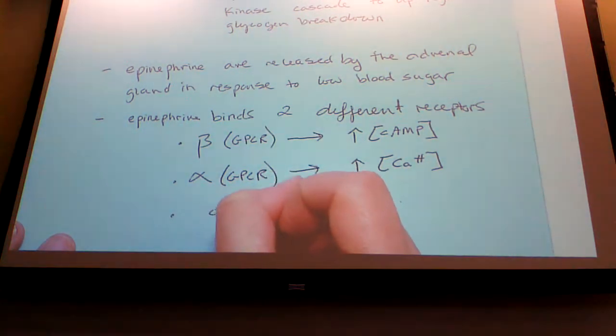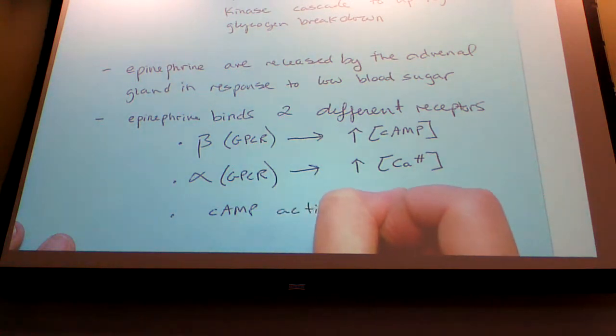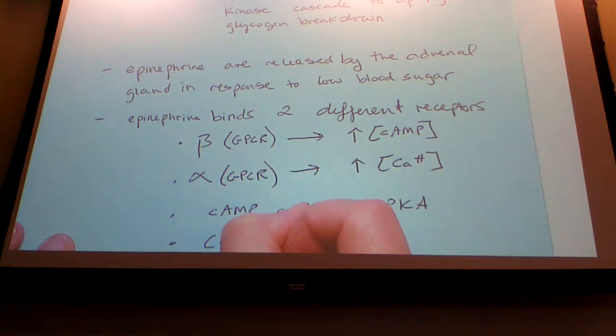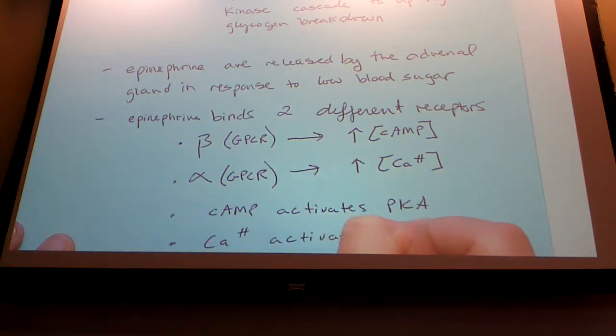So cyclic AMP activates PKA again, and our calcium activates, or upregulates, the phosphorylase kinase.